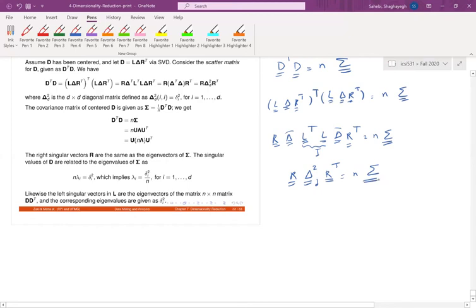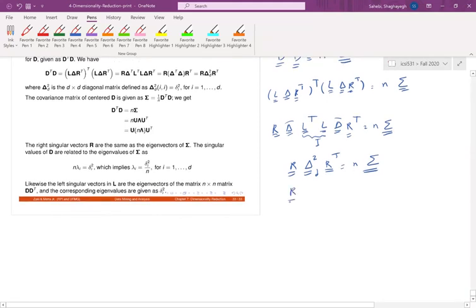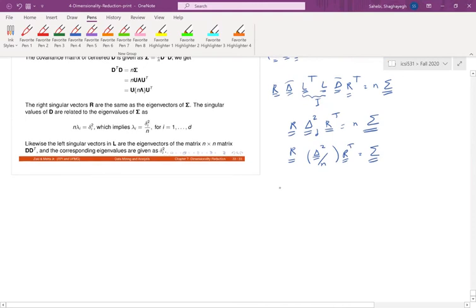Oh, this looks a little bit familiar, right? If I move N to the other side, I can say R delta squared over N R transpose is equal to sigma. From PCA, you remember that we could rewrite sigma with its eigendecomposition as U lambda U transpose.